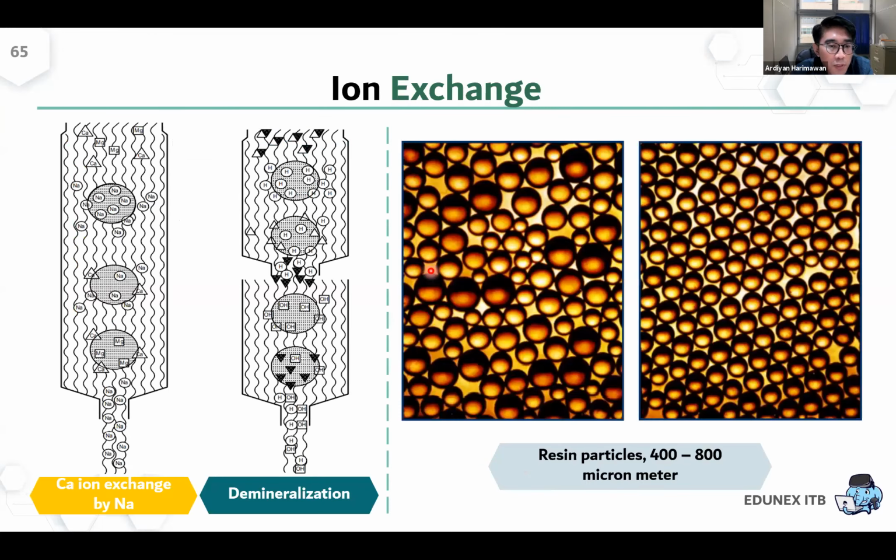Okay, so basically the ion exchange based on the reaction can be used to treat the hardness, because hardness comes from the calcium chloride, for example, or from the calcium carbonate, and then it can be used to reduce or to soften the water.